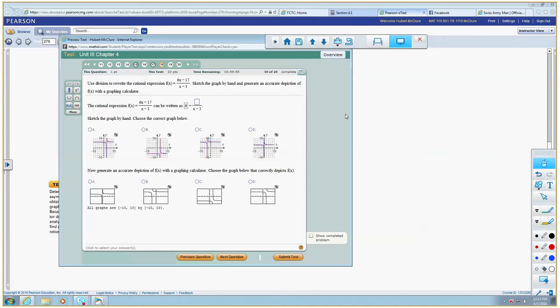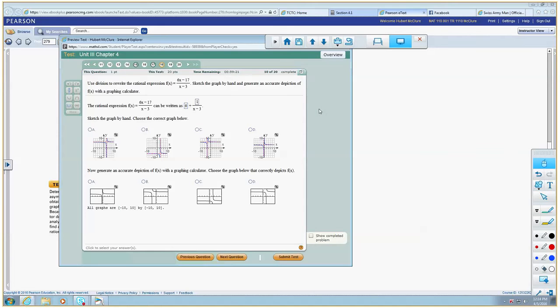Negative 18. You always subtract, so that would be positive 18. So there's your answer. Now you just have to find which one it is. You're going to have a vertical asymptote of 3 and a horizontal asymptote of 6. How did I get the horizontal asymptote of 6?